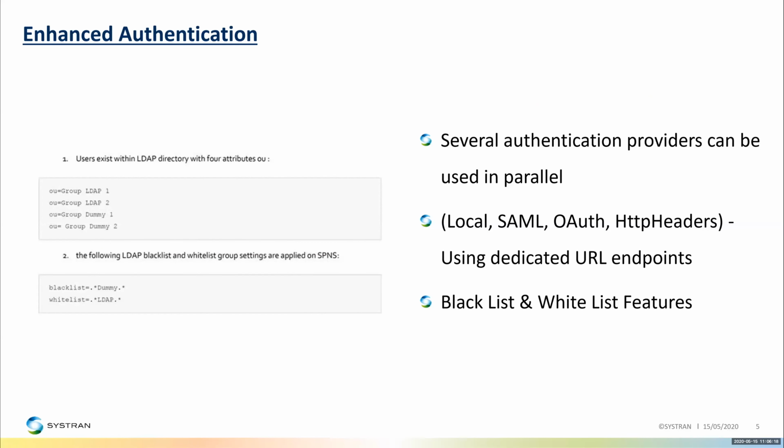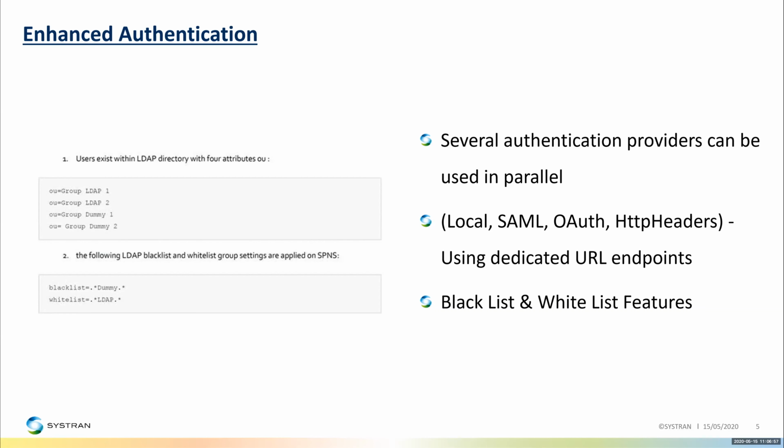Moving on, we now have several authentication providers which can be used in parallel. Now we have local, SAML, OAuth, HTTP headers. You can have that using our dedicated URL endpoints. We have come up with blacklist and whitelist features. With this group assignment, the server admins can now map group creation and association of each authentication provider.